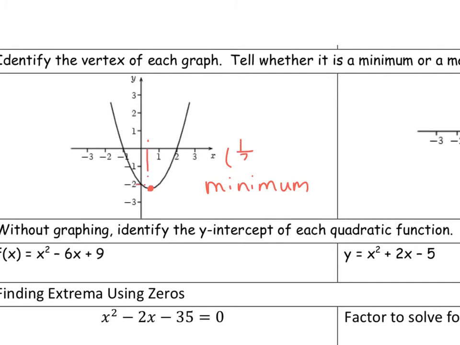Our x is at about 1/2, and our y value is at -2. Our axis of symmetry, which we talked about earlier, would be at x equals 1/2. It would split this parabola into two parts.